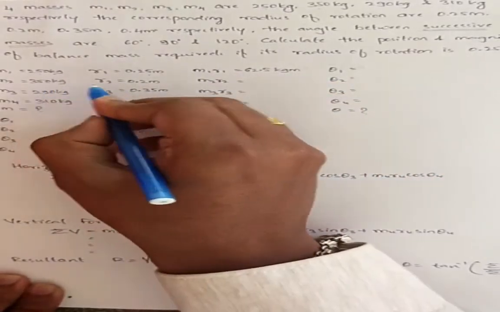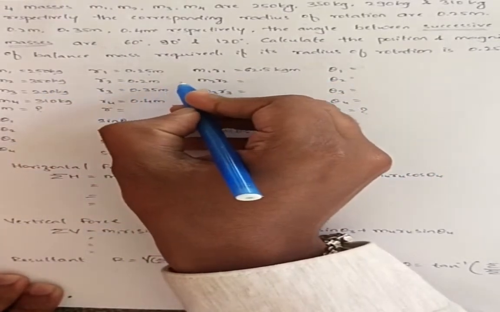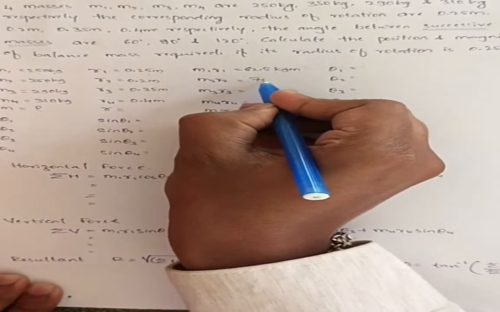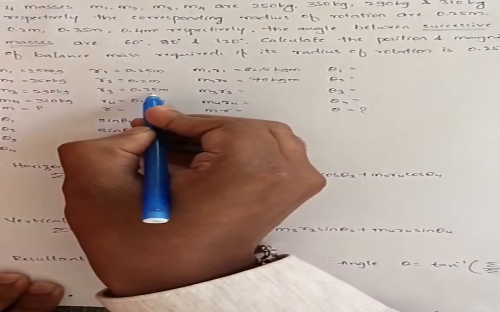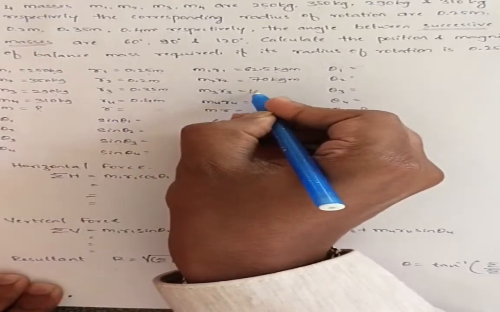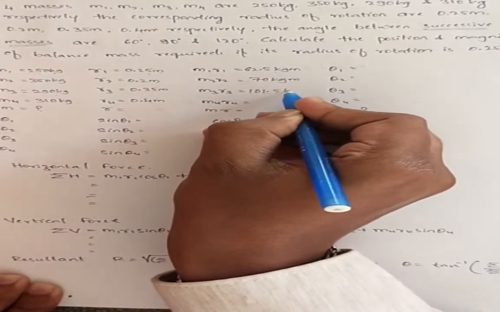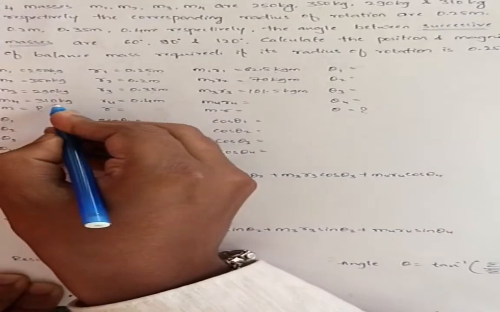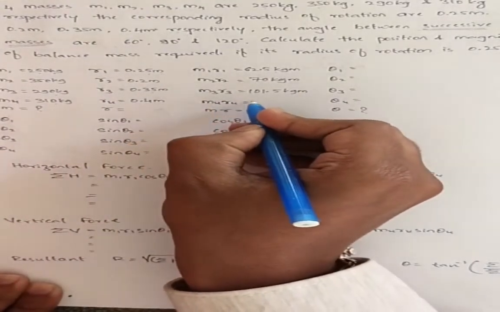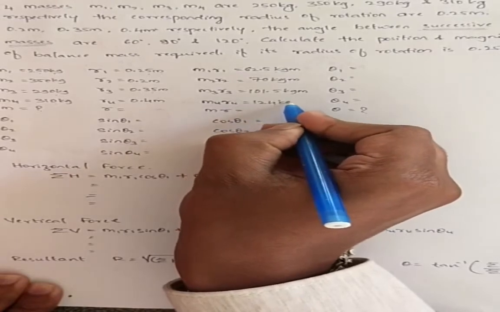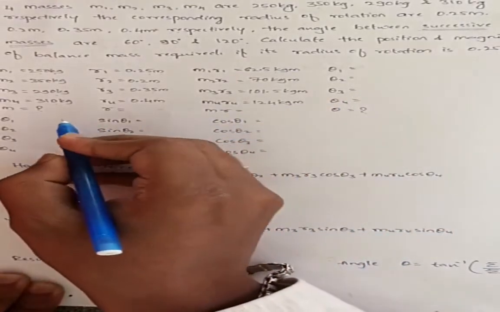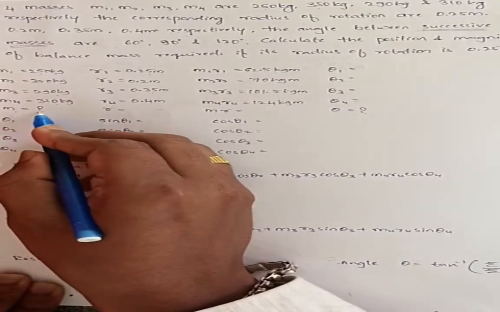Now calculate 350 into 0.2, that is 70 kg meter. Now 290 into 0.35 gives 101.5 kg meter. Now 310 into 0.4 gives 124 kg meter.